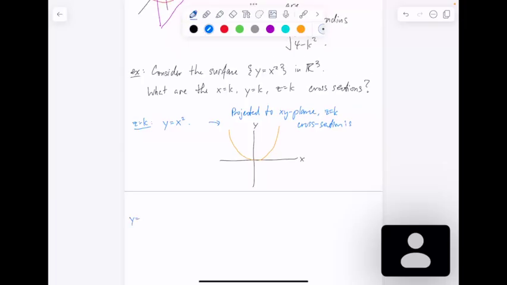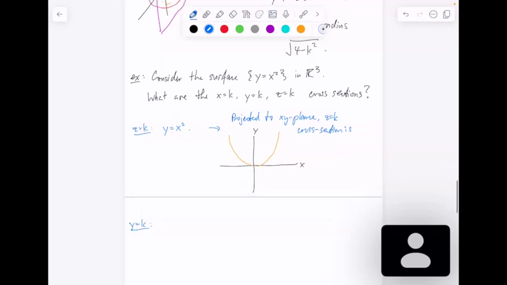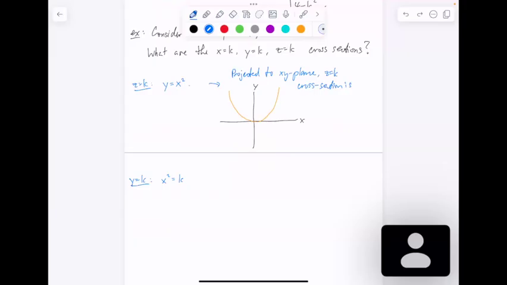And then you could also look at what the y equals k cross sections are. When y is equal to k, this means that x squared must be equal to k. When k is negative, you get absolutely nothing, right? There are no real solutions to x squared equals something negative.